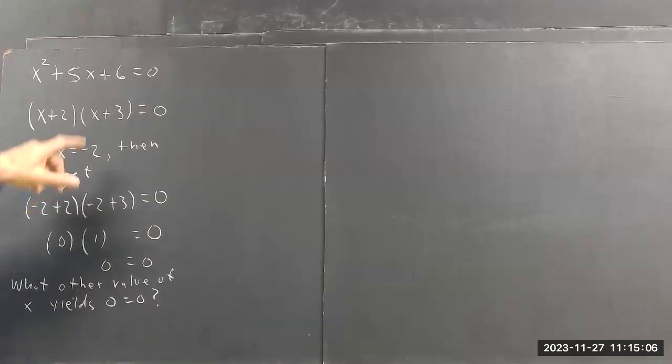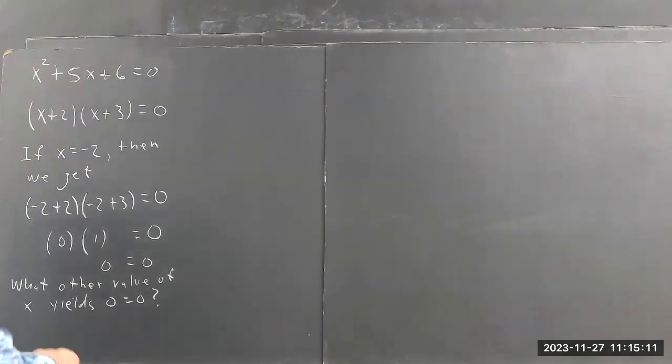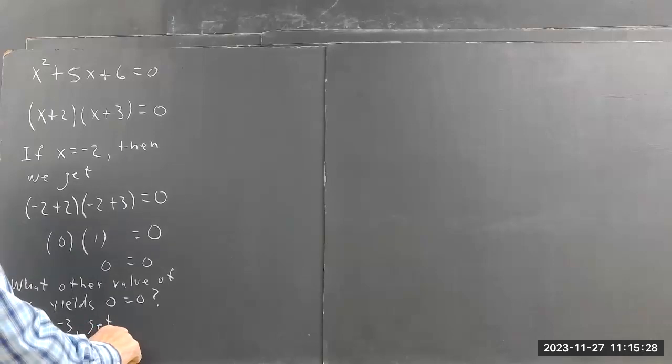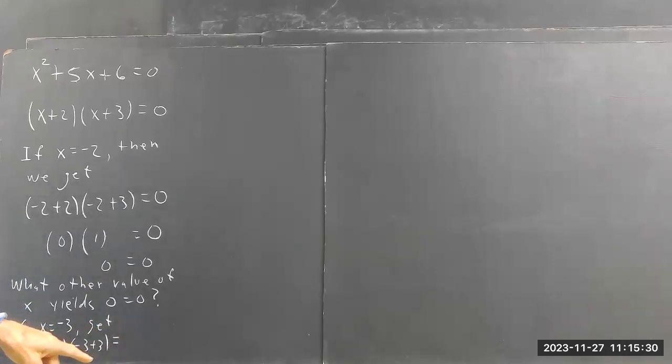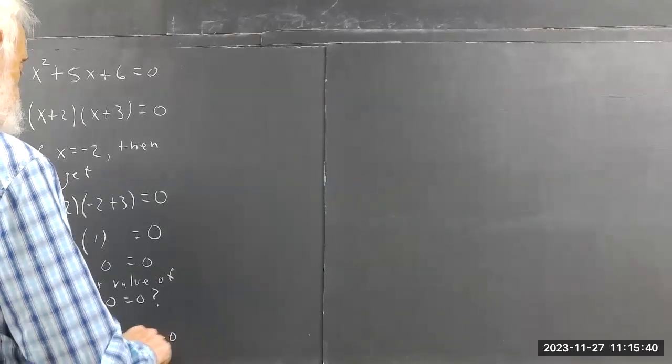Well, if x is -3, you get -3 plus 3 here. So just let x equal -3. Just substituting -3 for x, we get this. And so we have -1 times 0 equals 0.